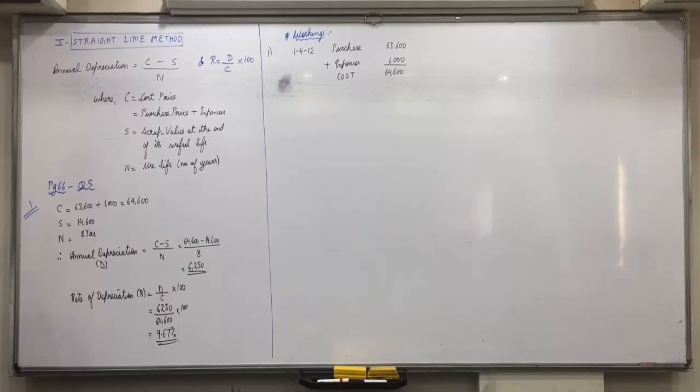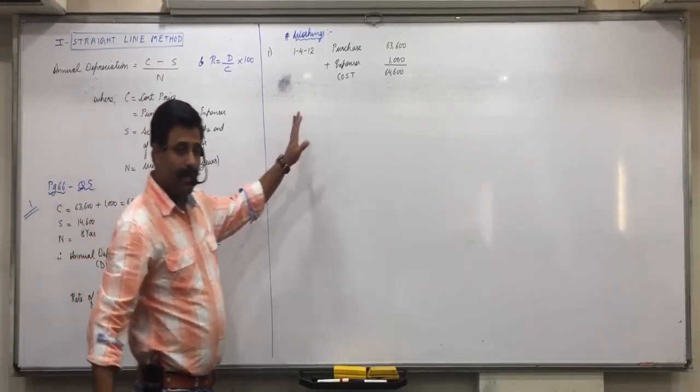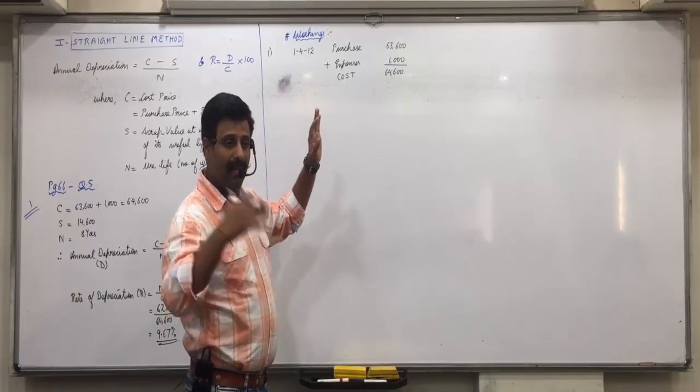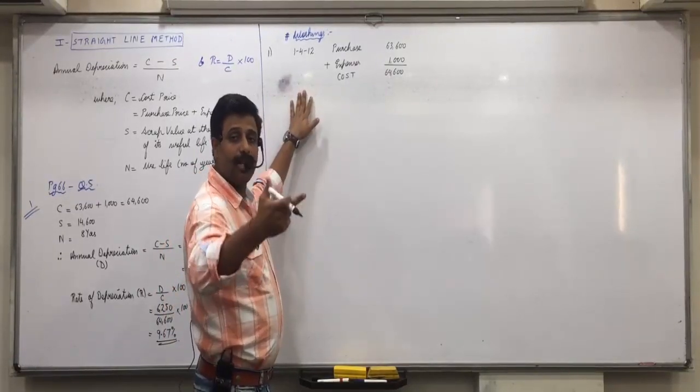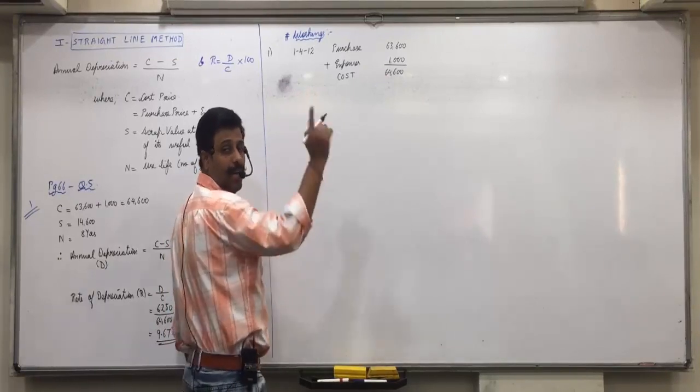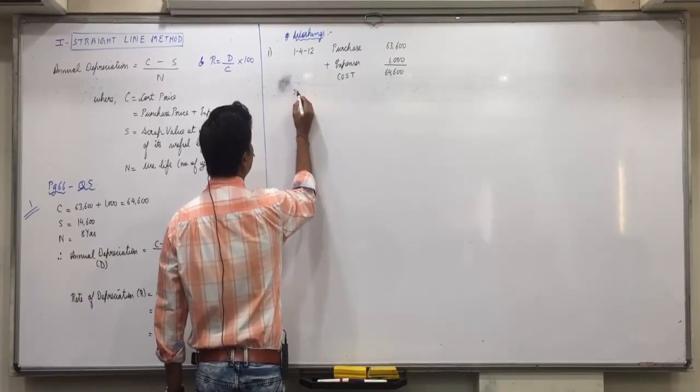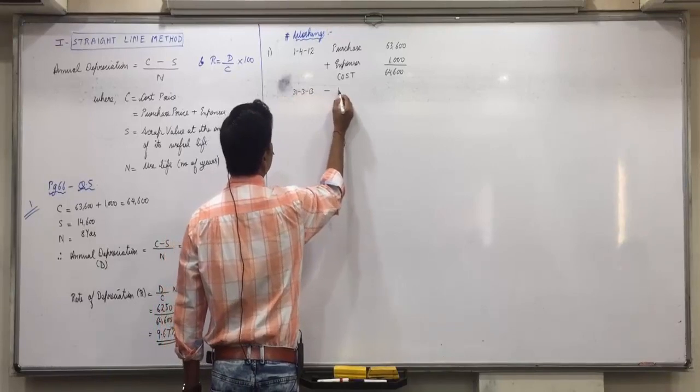Now be careful, year 1/4/2012 will end on 31/3/2013. 1/4/2012, 1 year will get over on 31st March next year, 2013. Okay, April to March. So 31/3/13 we will provide depreciation.